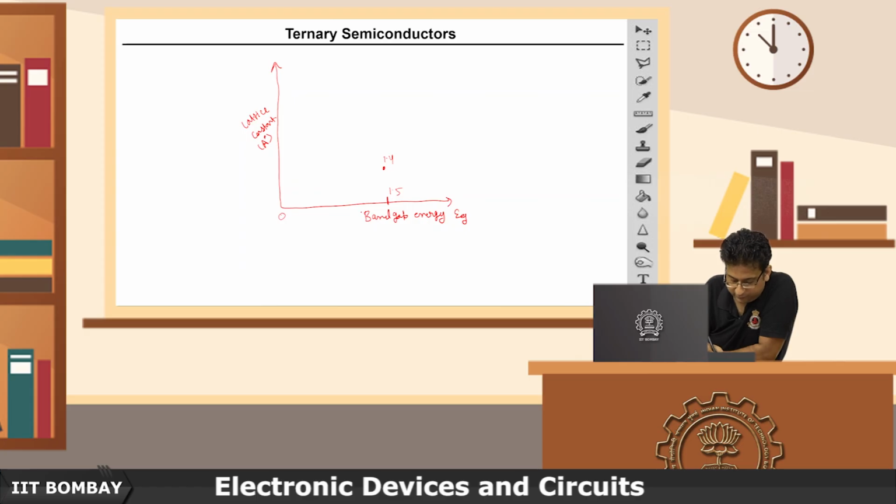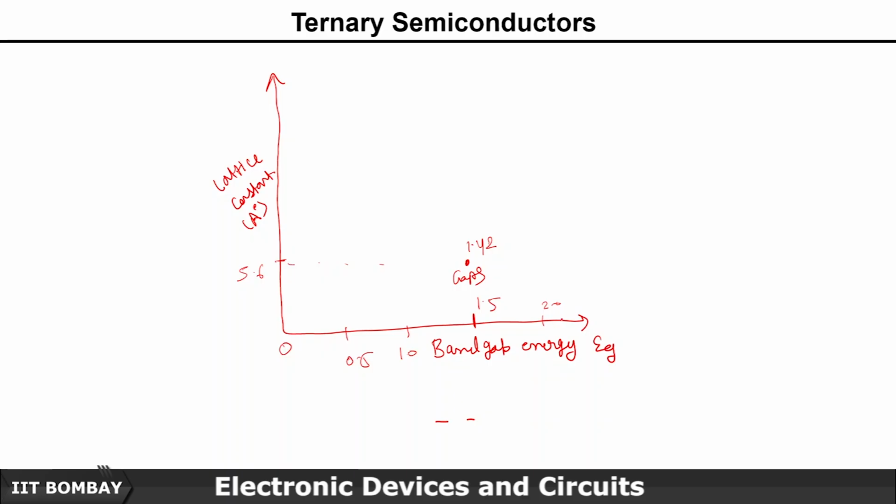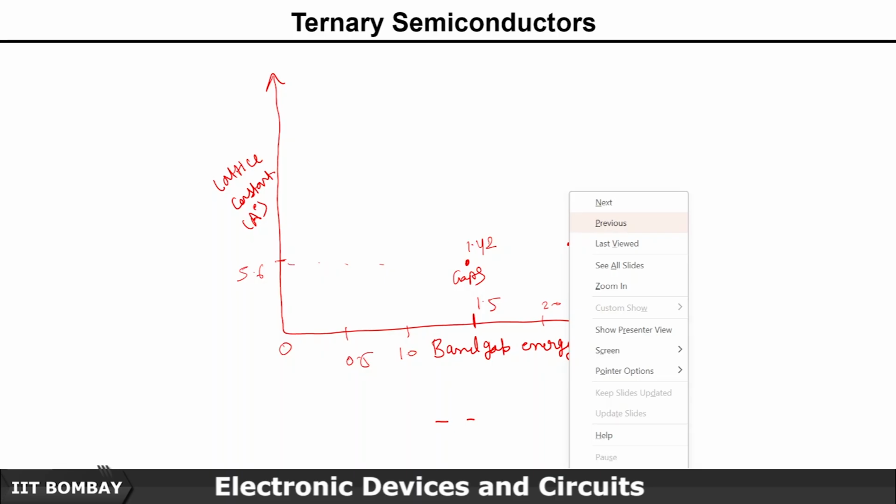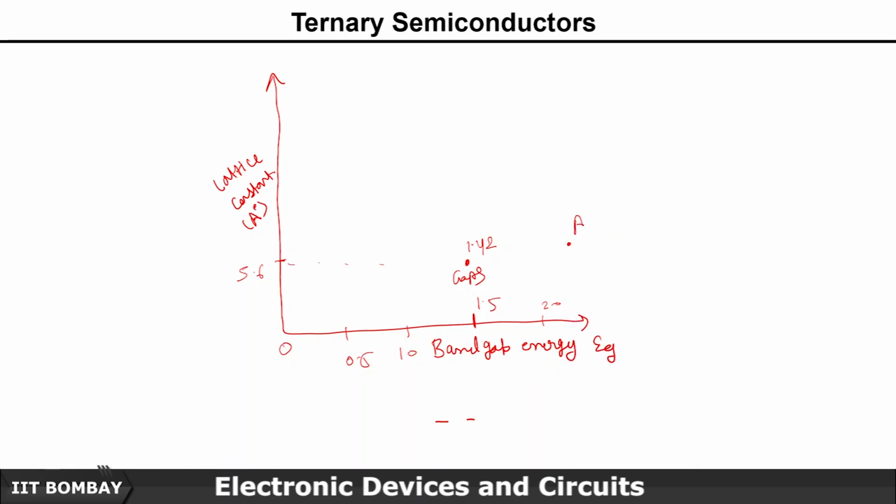Let's say this is 0, somewhere around here is 1, this is 0.5, and this is 2. I'm drawing approximately. So this is 1.4 for gallium arsenide, and the lattice constant is approximately 5.6 angstroms. Now if you go to completely aluminum arsenide, the band gap energy is somewhere between 2 and 2.5.